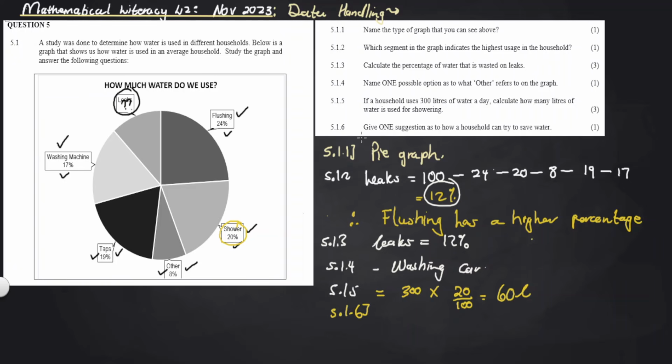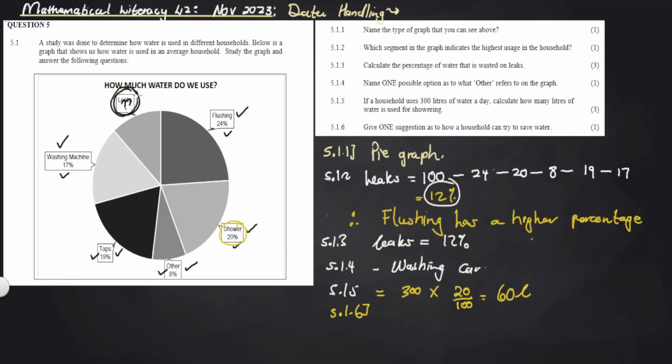5.1.6. Give one suggestion as to how a household can try to save water. How can we save water? I don't know. Okay. Leaks, right? There are leaks.